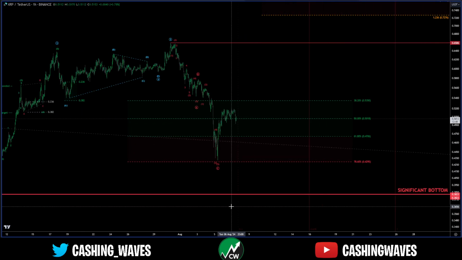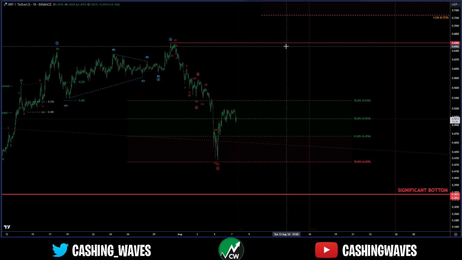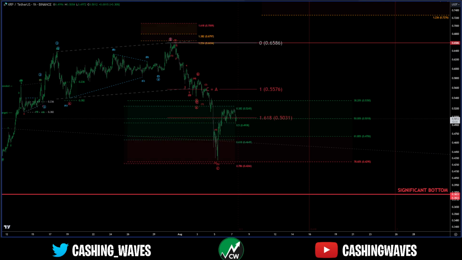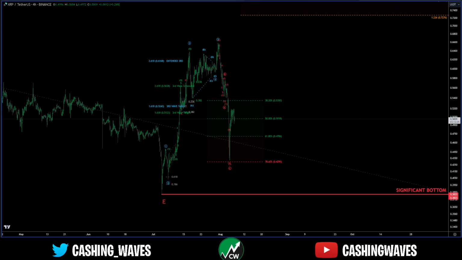So the way I'm looking at this is either the correction is finished and we're going to continue to the upside for a third wave, or, I lost it.